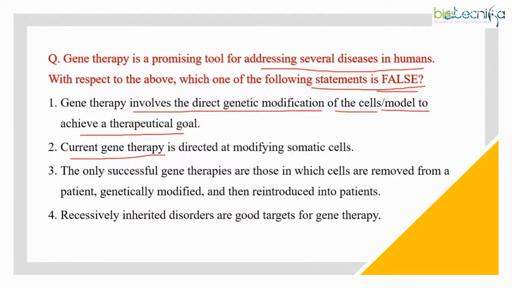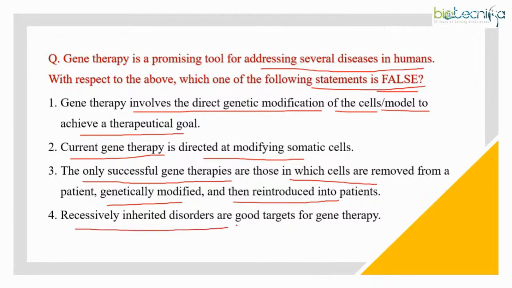Current gene therapy is directed at modifying somatic cells. The only successful gene therapies are those in which cells are removed from a patient, genetically modified, and then reintroduced back to the patient. Recessively inherited disorders are good targets for gene therapy. So here you need to identify the incorrect answer.